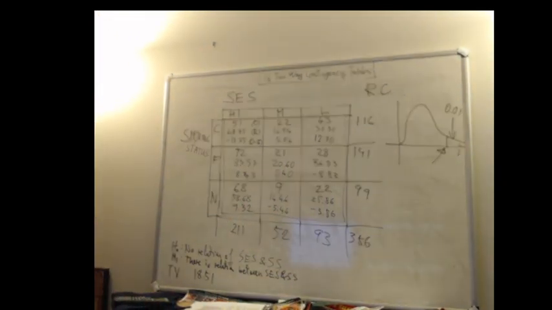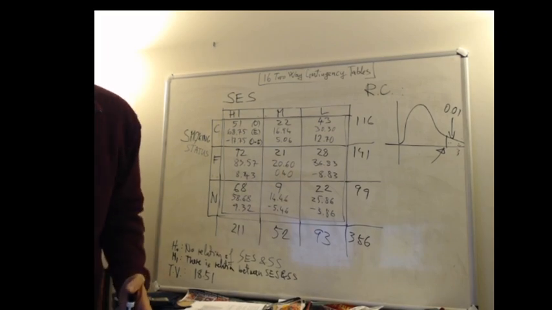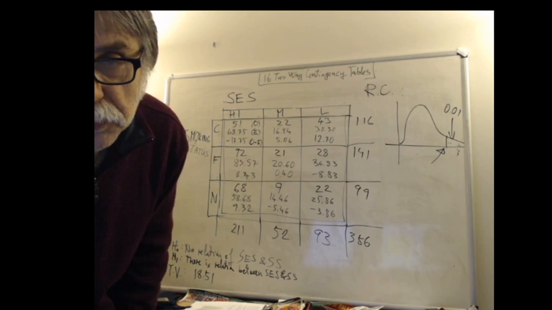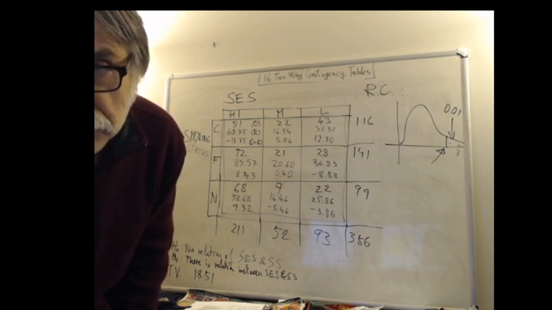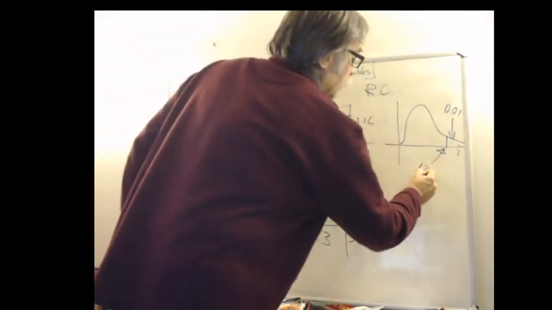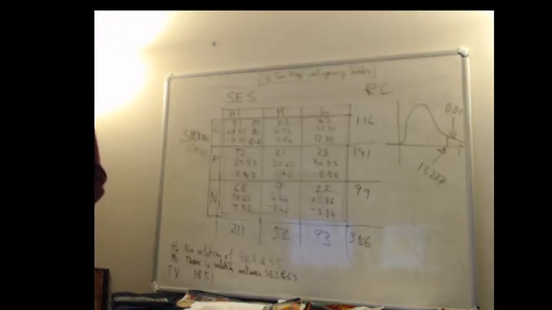Okay? So, chi-square tables, 1%, 4 degrees of freedom, and 1% significance. I come up with a number 13.277. Okay?